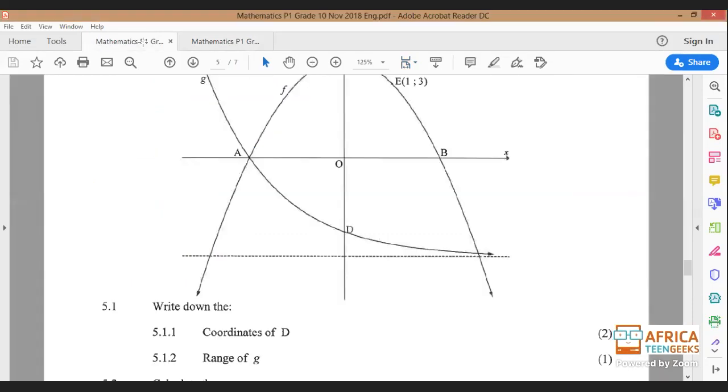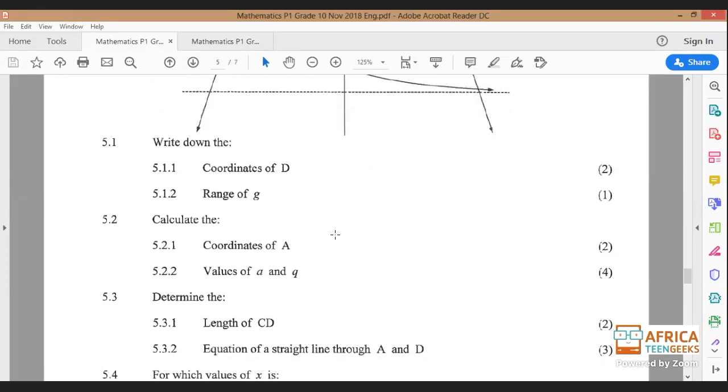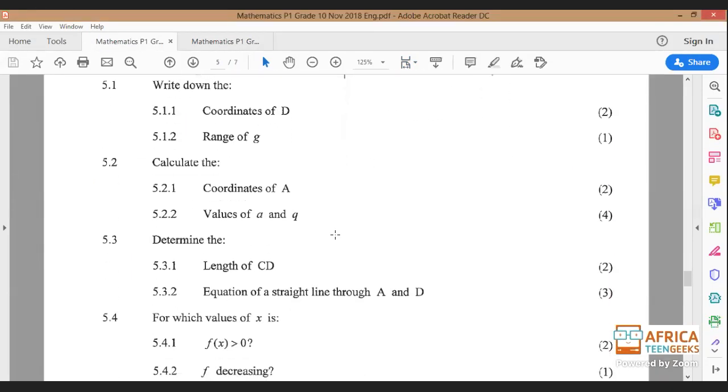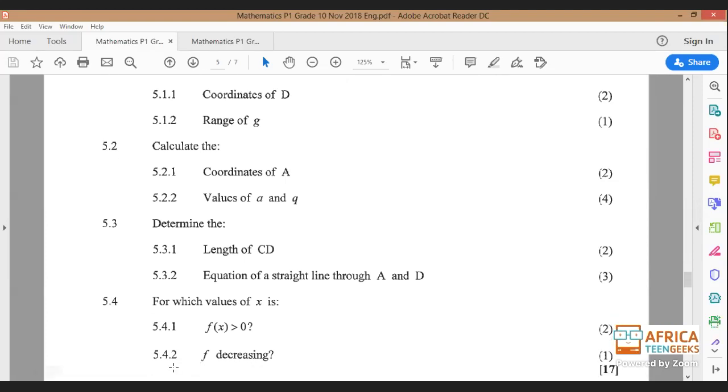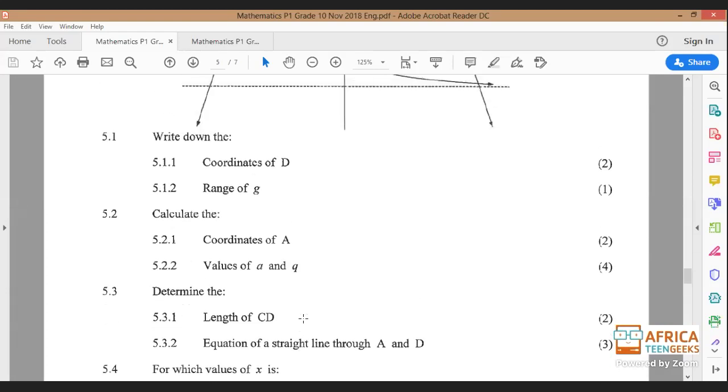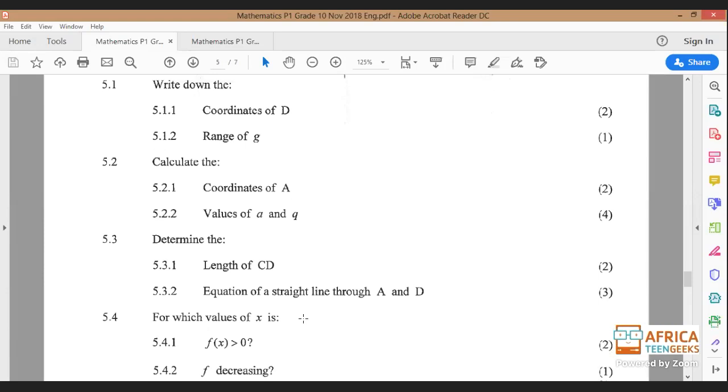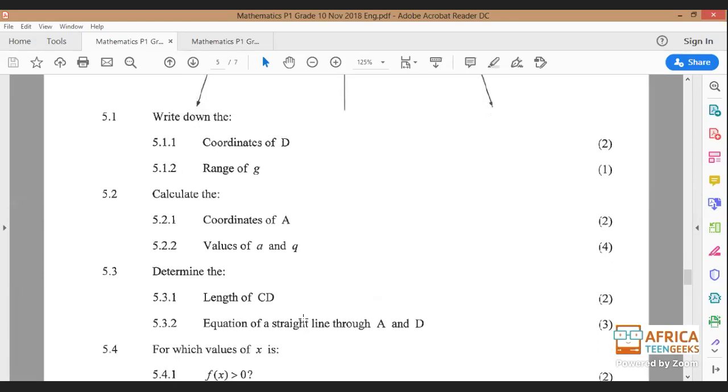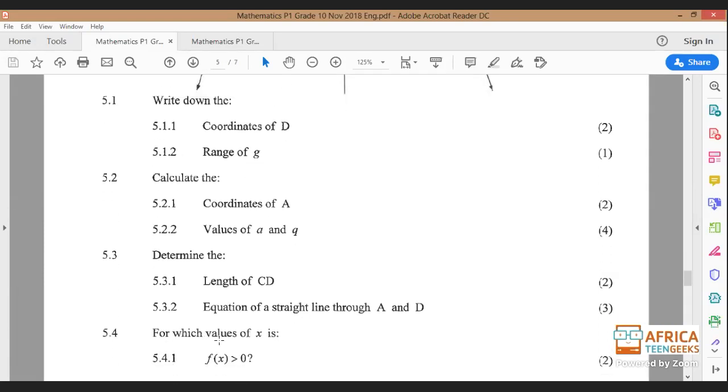Perfect. Now let's look at this one. It's the last question. It says, for which values of x is f(x) greater than 0? We've dealt with this one several times, guys, and you know it from your algebra.